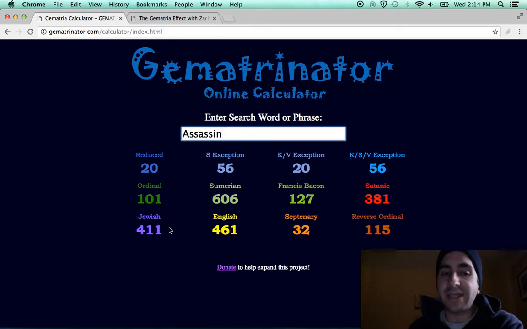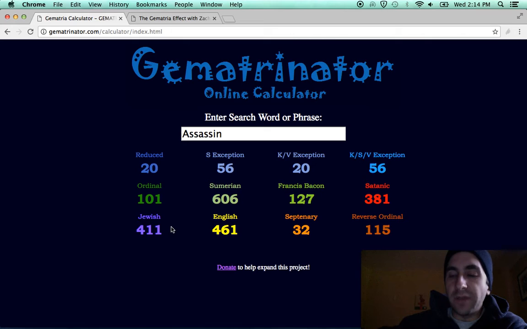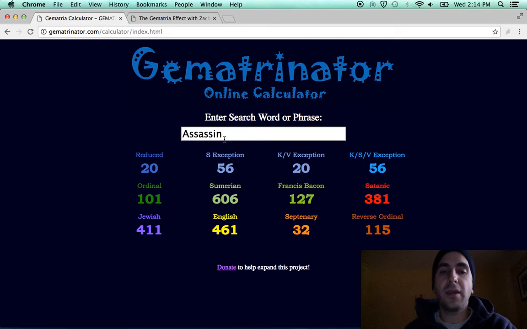The word assassin in Jewish gematria is 411. Look up where JFK was assassinated from: 411 Elm Street. And in an episode from 1961 of the Andy Griffith Show, 411 Elm Street was an address where a bootlegging family got busted. The episode came out Christmas Day, foreshadowing a bootlegging family getting busted.